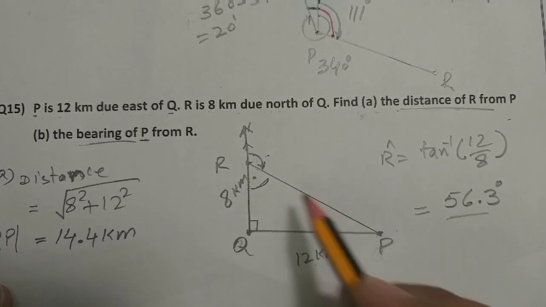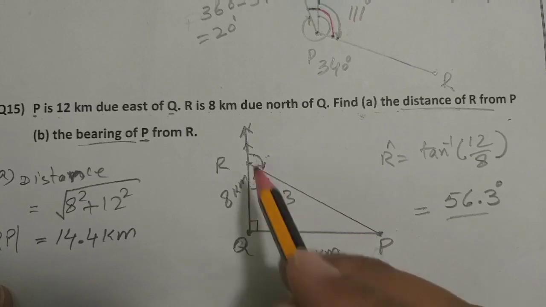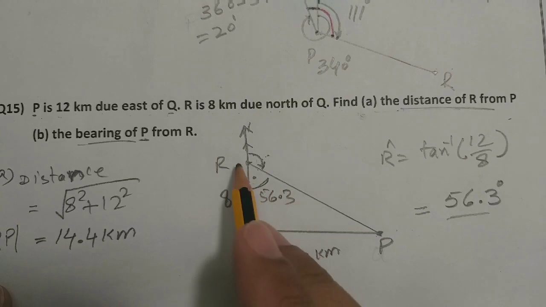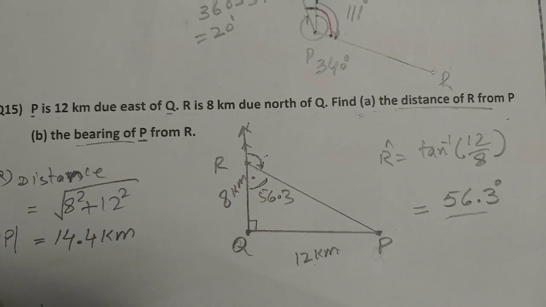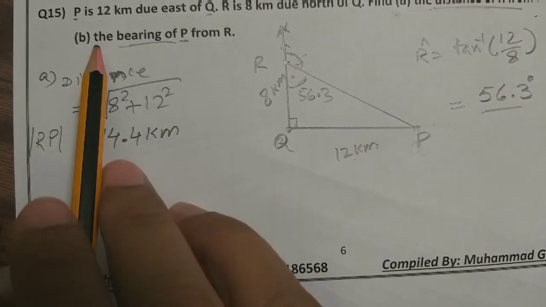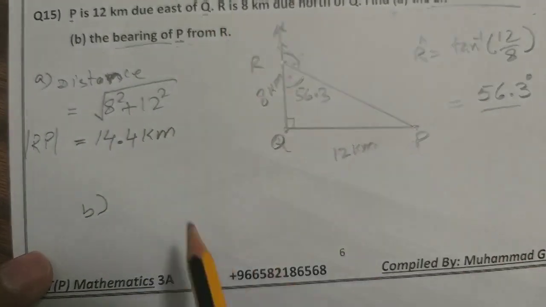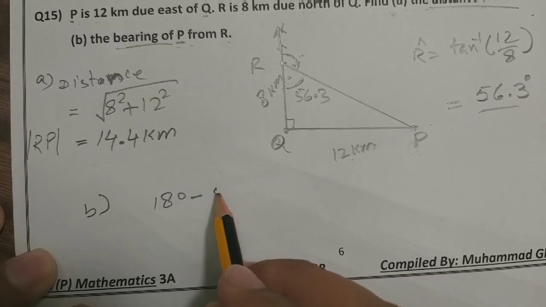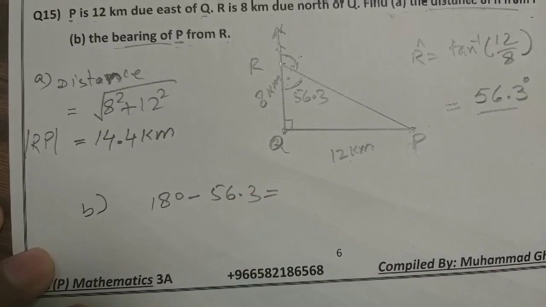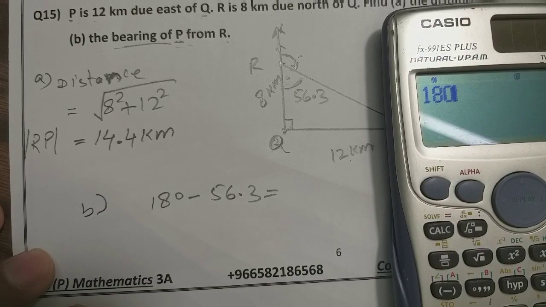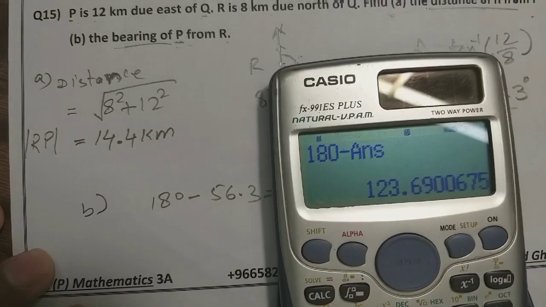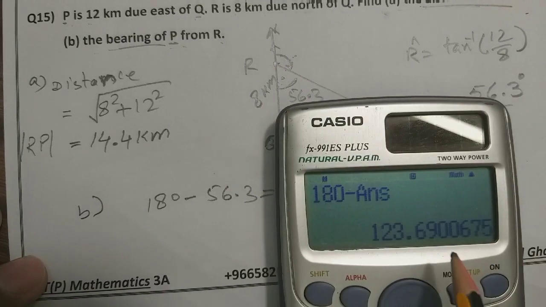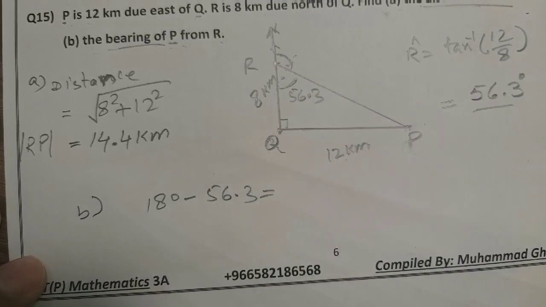Now this is 56.3 degrees, only this angle, but we know that on a straight line angles add up to 180. So the bearing of P from R is 180 minus 56.3, which is equal to 123.7, because it gives us 6, 9, and we can round it.